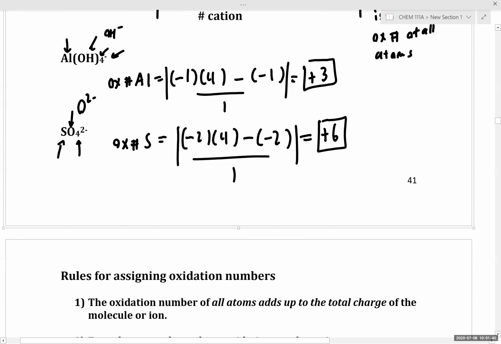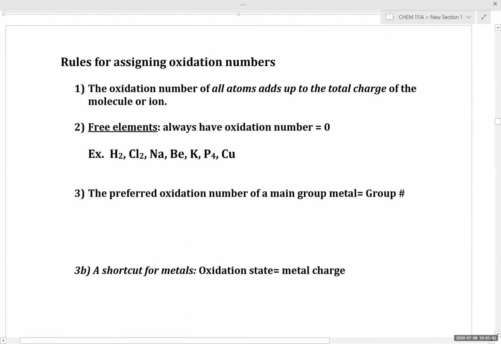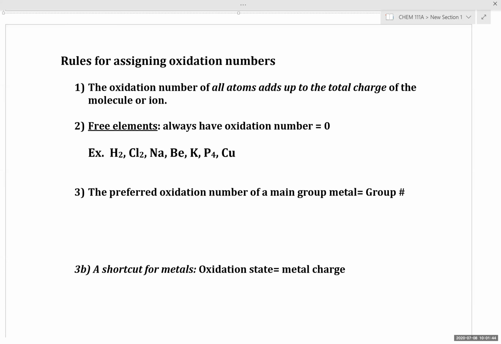If not, let's continue on and let's now discuss some rules for assigning oxidation numbers. And these are rules specific to this chapter. So the oxidation numbers of all atoms will add up to the total charge of the molecule or ion.